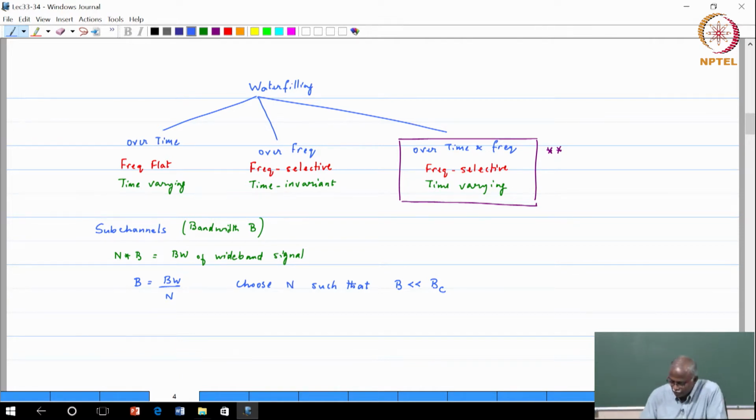So basically this would be 1 by the RMS delay spread. We may not have defined RMS delay spread, but think of it as a measure of the dispersion in the channel.